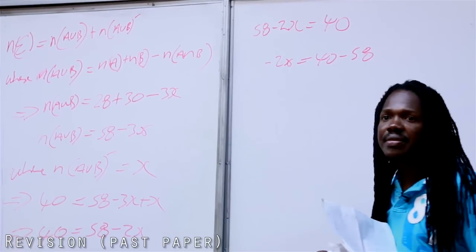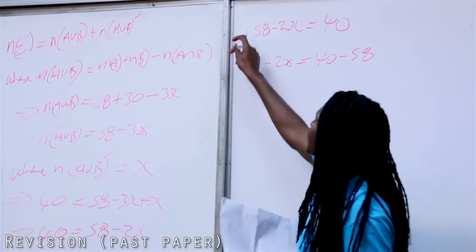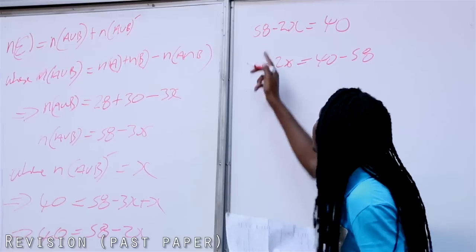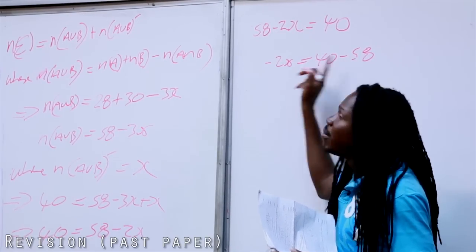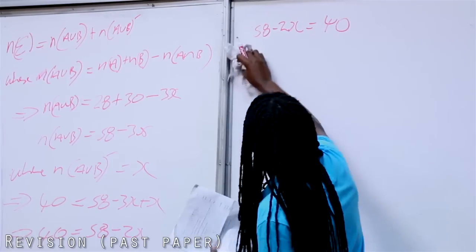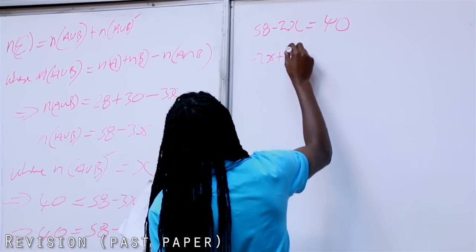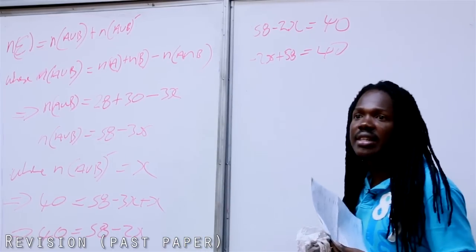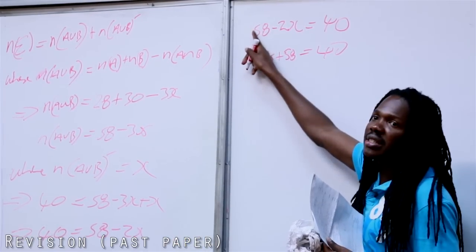How do we get that? Because the 58 is a positive 58. Many people carry it over and see the minus sign as something to add, but the 58 is a positive 58. In fact, this is also minus 2x plus 58 equals 40. Everybody see that? Because it's a positive 58.